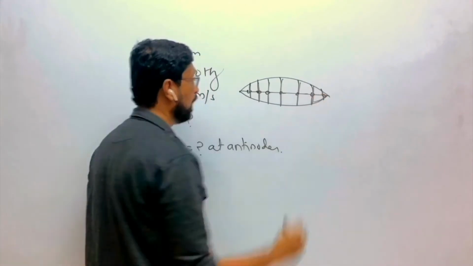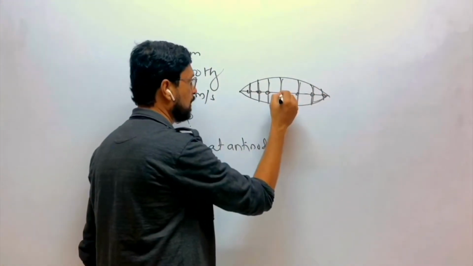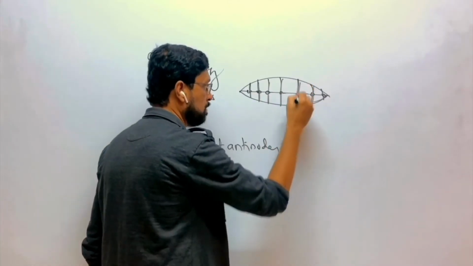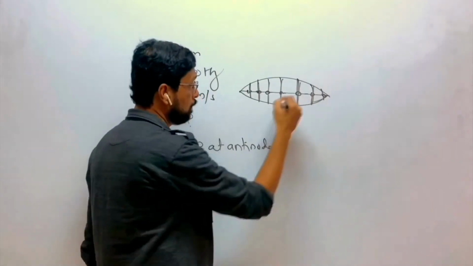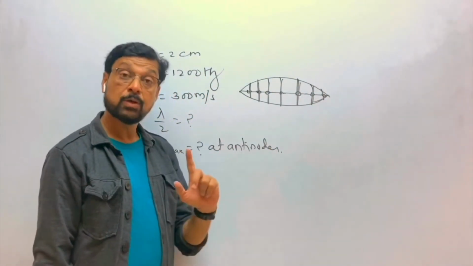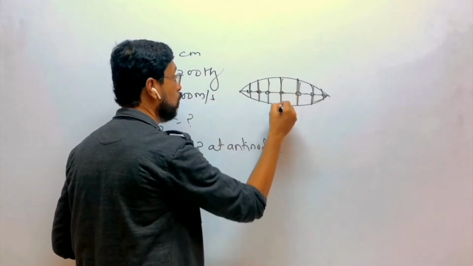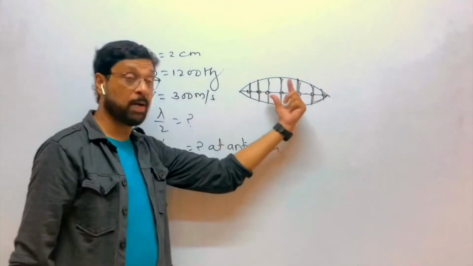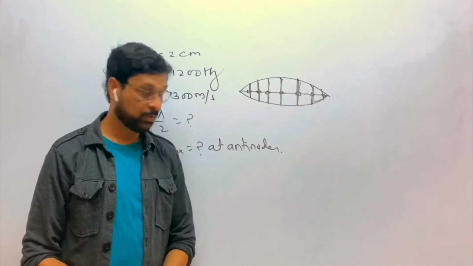Every particle has maximum speed at its mean position, है ना. ये पार्टिकल सपोज ऐसे वाइब्रेट हो रहा है, सिंपल हार्मोनिक मोशन, इसकी स्पीड मैक्सिमम यहां पर होगी. So every particle is having maximum speed at its mean position. You have to find the maximum speed at antinode. Antinode वाला जो particle है, उसकी maximum speed कितनी होगी?